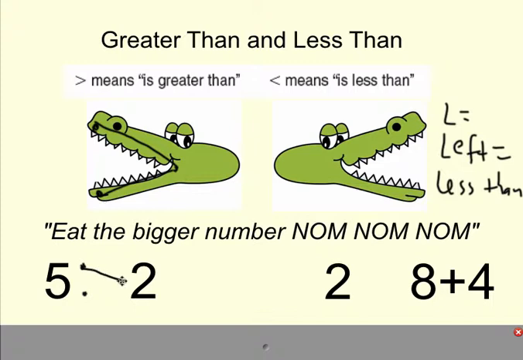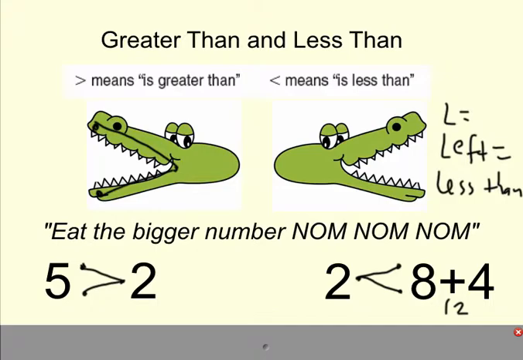So it opens towards the bigger number. The smaller number is going to eat the bigger number. Same thing on this side. 2 is less than 8 plus 4. We know that 8 plus 4 is 12. So let's draw the dots toward the 12 to make this true, and 1 dot at the 2. The 2 is going to eat the bigger number. So we'd say 2 is less than 12, or 8 plus 4.